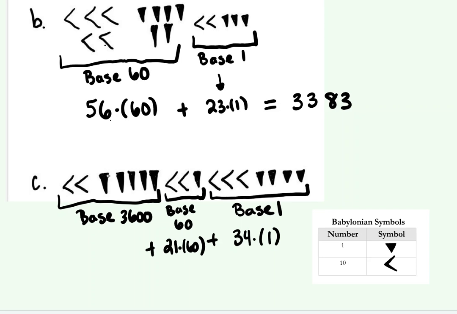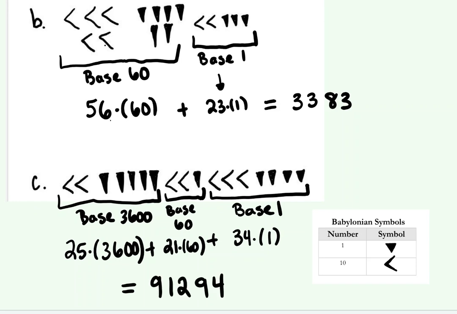Plus 10, 20, 21, 22, 23, 24, 25. That'll be 25, since it's in the third position, times 3,600, which is 60 squared. Okay. Carefully evaluating this in our calculator, we'll get this numeral as represented in our number system, and we would get 91,294.